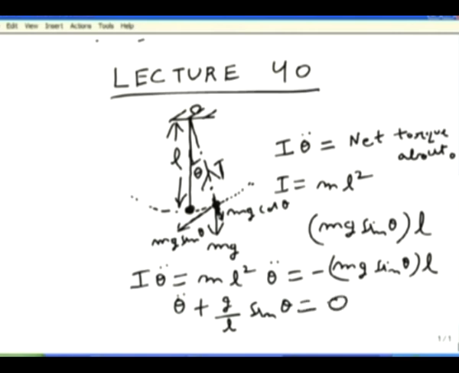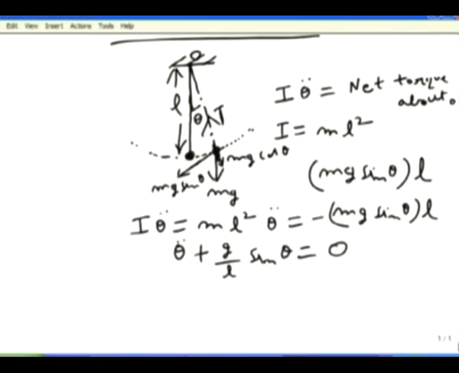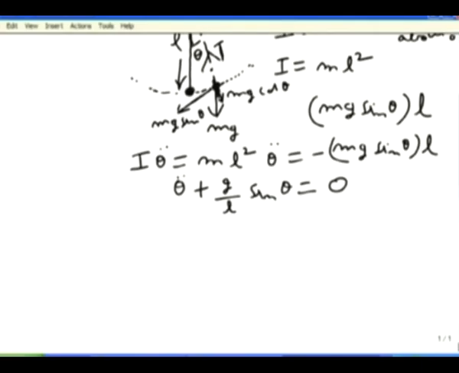This is the exact differential equation of the simple pendulum. However, we make the assumption that for small amplitudes sin theta may be regarded as equal to theta.